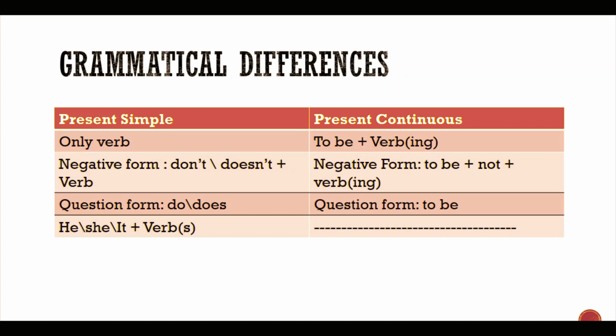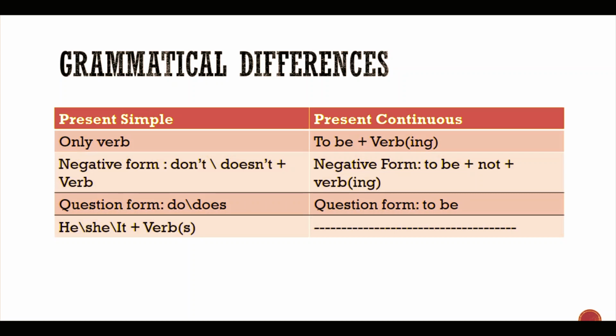In question form, do and does will help us to make the question form of present simple sentences, but in present continuous we'll have to use to be, am, is, are, at the beginning of our sentences.